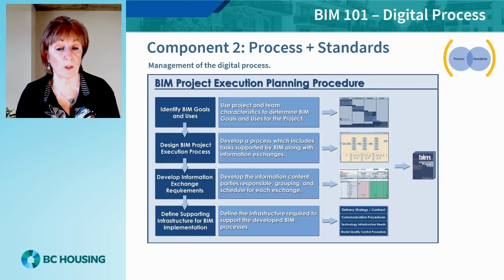The second component, process and standards. The design and construction teams review the BIM requirements specification, identifying what is required, and it is their responsibility to work out how and utilizing what software tools, processes, and strategies they are going to use to achieve it.